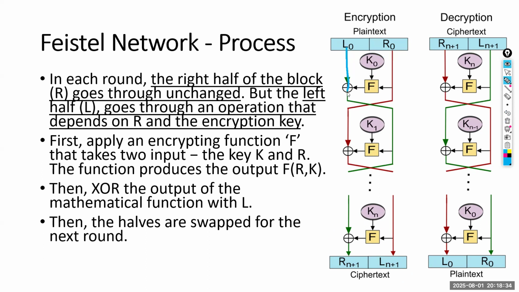Your left half is encrypted, but this encrypted part is used to further encrypt the left half, but the right half is just going as it is. Your right half is not encrypted, only the left half is encrypted. But to encrypt the left half, we use the right half. But in reality, your right half is just copied as the left half.